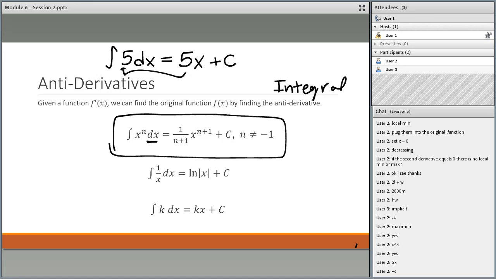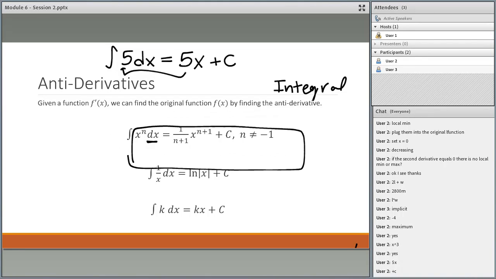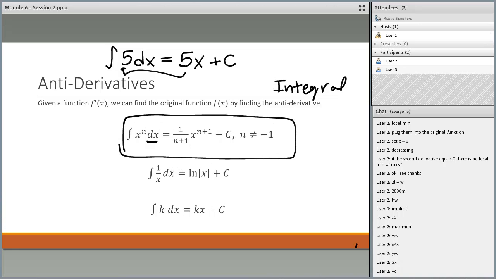So what about the rule up at the top? This is the opposite of the power rule. When we work with the power rule, we take the exponent to the front and subtract 1. But now we're going in the other direction.